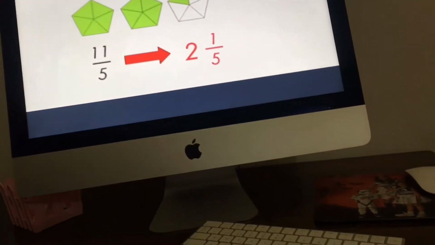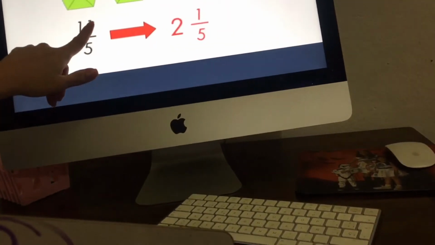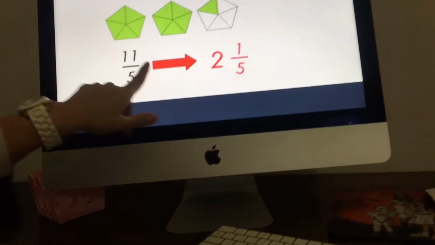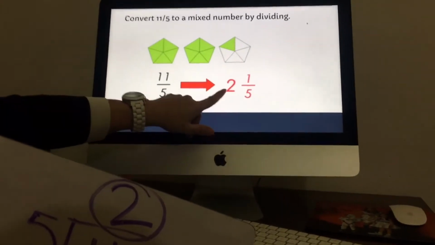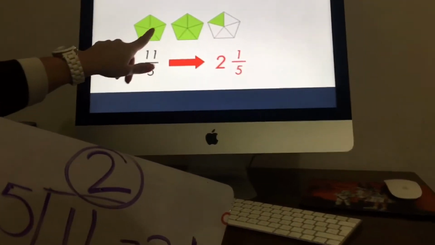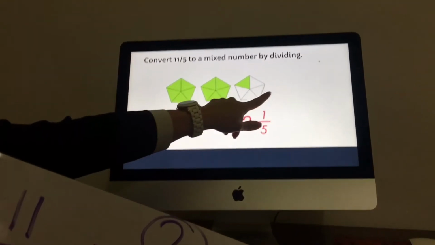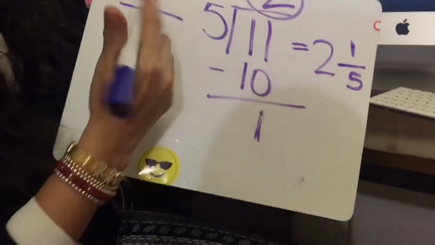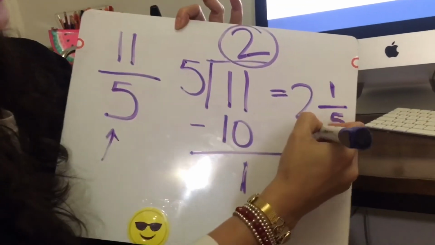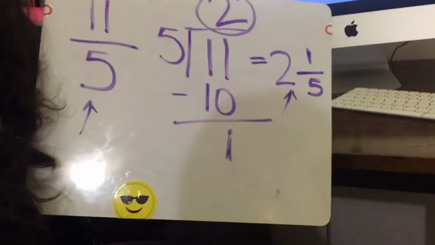Triangles have been shaded and each one has been divided into 5 parts, 11/5. Now, if I read it as a mixed number, how many wholes do I see? 1 whole, 2 wholes, and 1/5. That's the model. But here, by dividing, I have used division to convert the improper fraction into a mixed number.